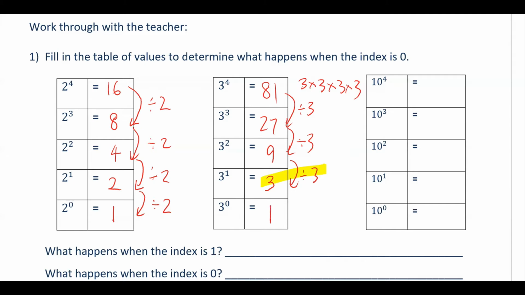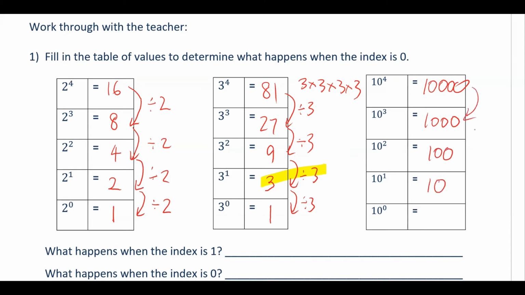Let's have a look at the next one. So now we have a power of 4. The power of 4 on a base of 10 would give you 10,000. So 4 zeros. And if you raise it to the power of 3, it would become 1,000. And 10 squared is 100. 10 by itself is just 10.